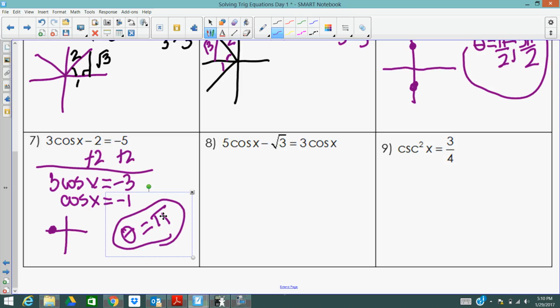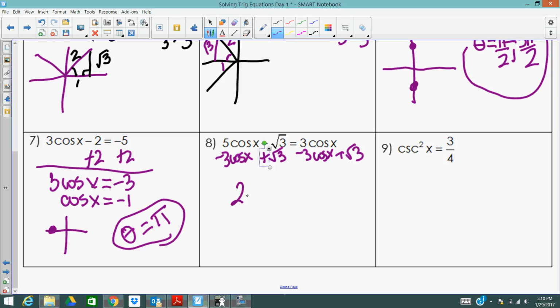Example 8, we have cosine on 2 sides, so I'm going to bring the square root of 3 over to the right side and bring the negative 3 cosine of x over to the left.